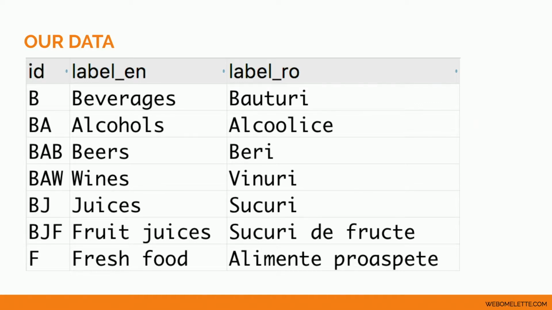And the ID column. The keen observer will notice that the IDs are not like that by accident, but they reflect the hierarchical structure and relationship between the terms. Meaning that alcohols is under beverages and beers is under alcohols.